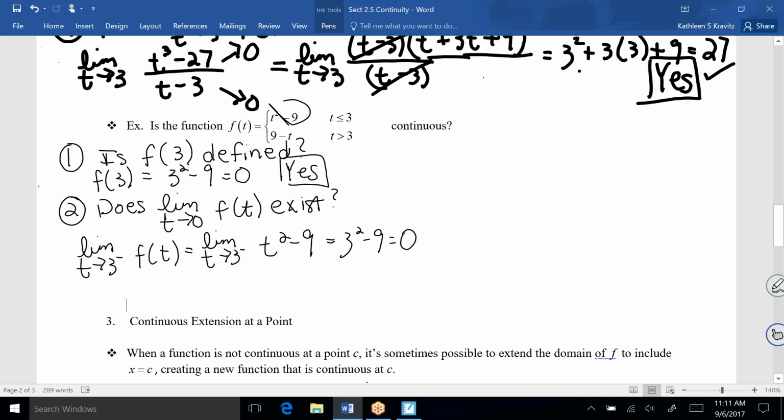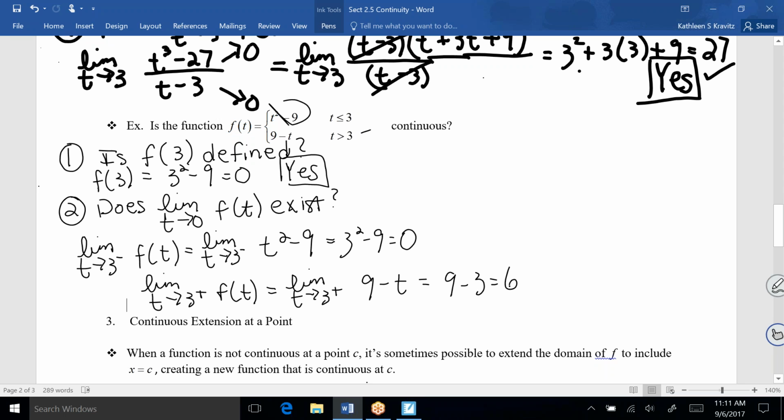All right, so that's fine so far, but we also have to see what's happening from the right. So the limit as t approaches 3 from the right of that function f of t is equal to the limit as t approaches 3 from the right. And now since we're approaching from the right, we're going to use the second function here, 9 minus t. And then when we plug 3 into this function, we get 9 minus 3, and that's equal to 6.